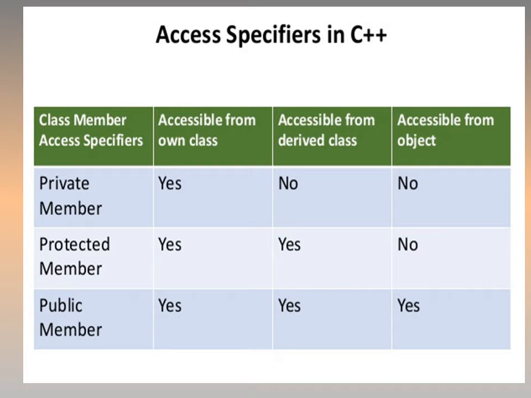And third, public members. Public members are accessible from their own class, so its own members can access that data if we declare it under the public access specifier. Second, accessible from derived class.